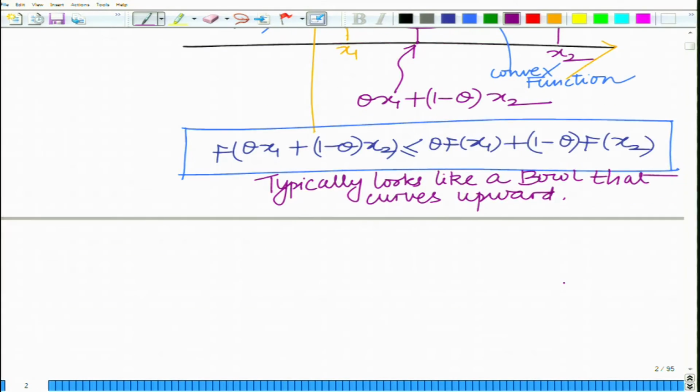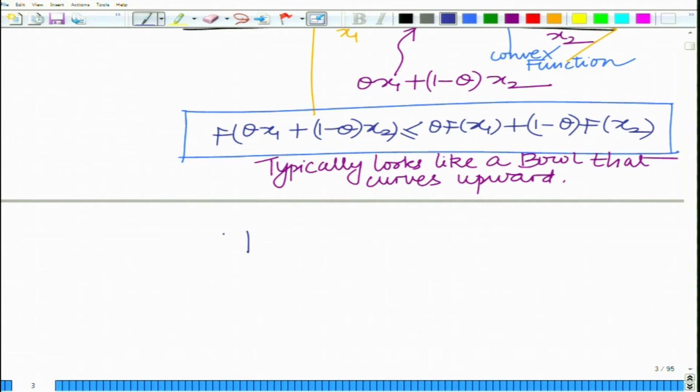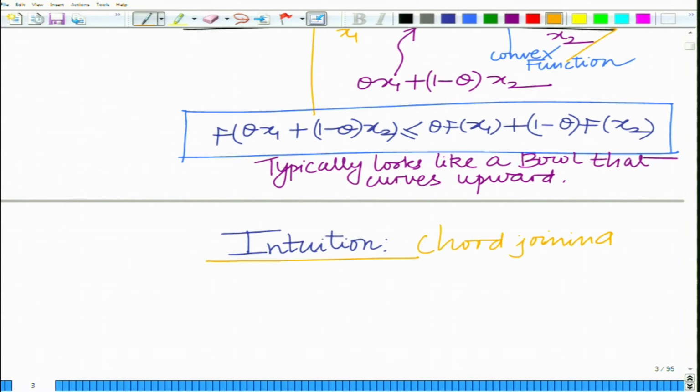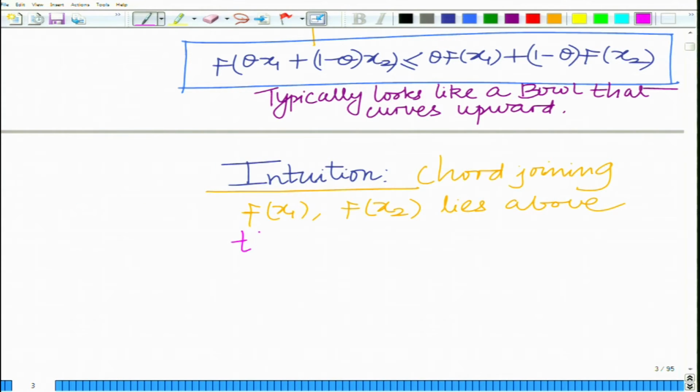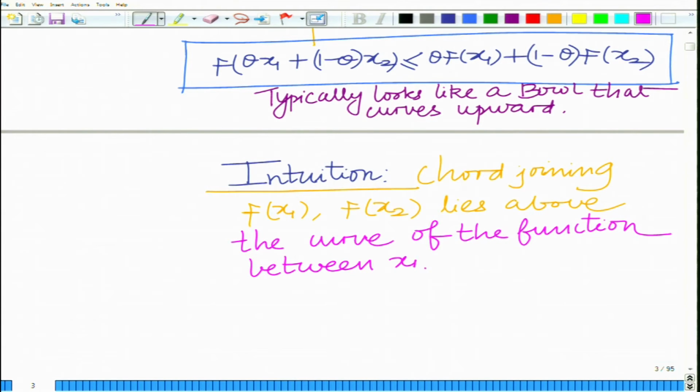Okay. And what this means intuitively is that the chord joining f of x1 comma f of x2 lies above the curve, or the plot of the function, between x1 and x2, all right.